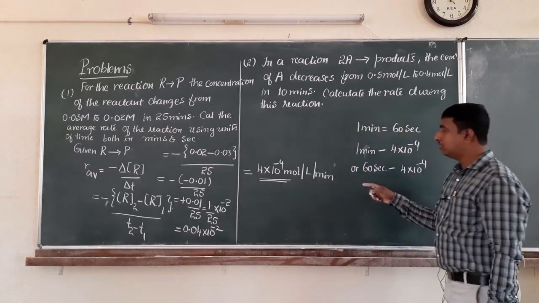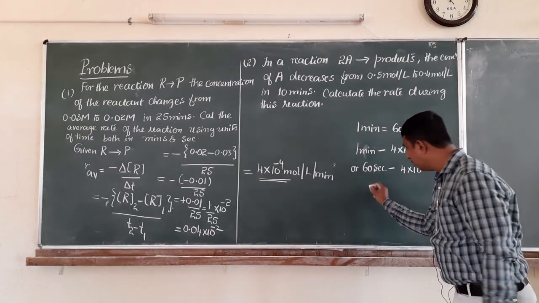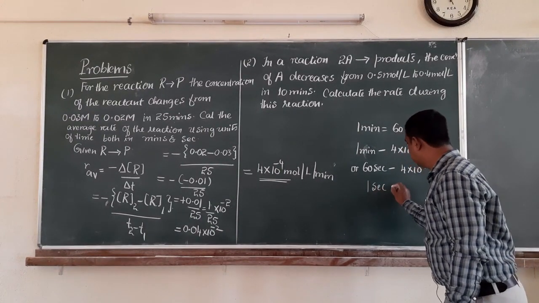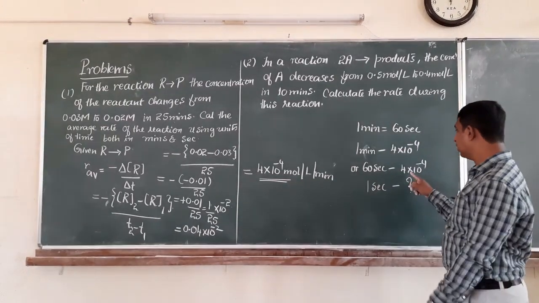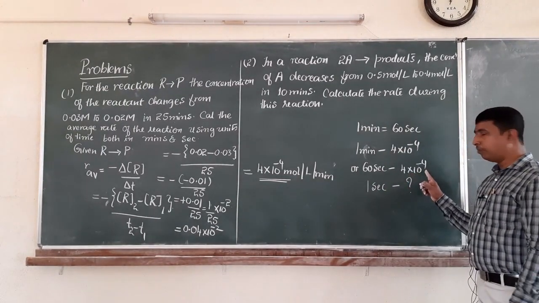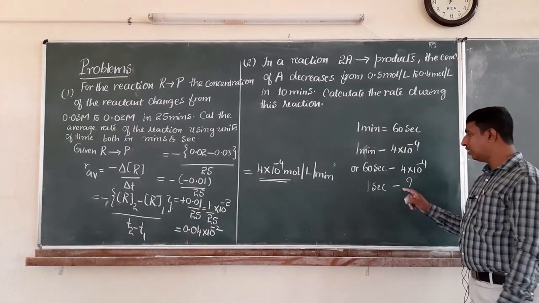I want the answer in terms of per second. So what I have to calculate? For 1 second, what is the change in concentration I have to calculate? So for 60 seconds it is 4 into 10 to the power minus 4. For 1 second it is how much?